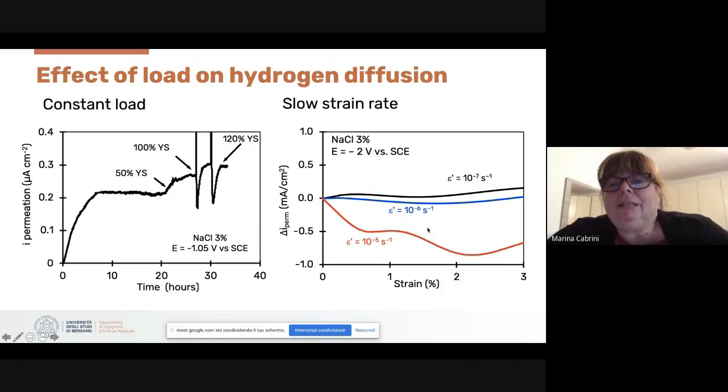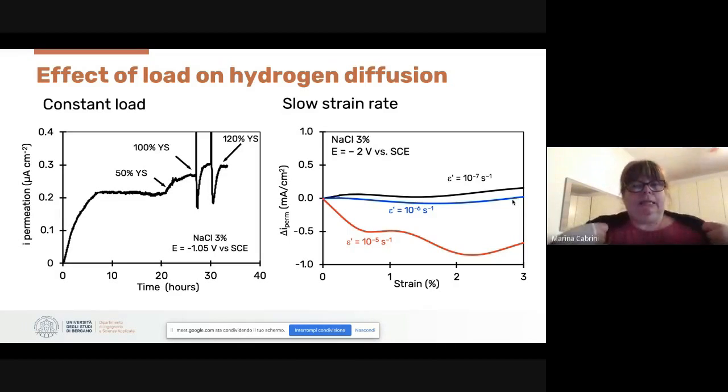When the strain rate decreases to 10⁻⁶ or 10⁻⁷ s⁻¹, there is an equilibrium between the new traps generated by dislocations and the hydrogen saturation of these traps.